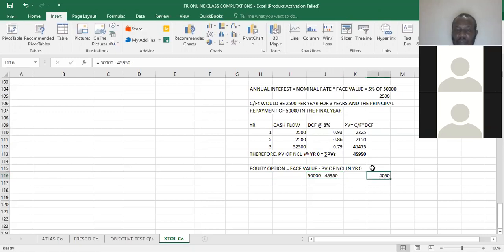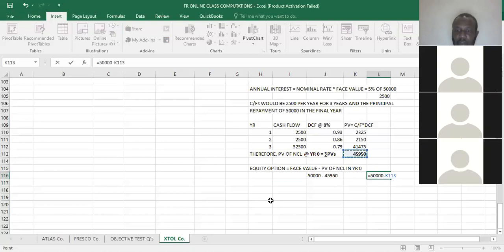I don't have 50,000 anywhere, so 50,000. But at least let me trace that figure so that someone will know where we got it from. So minus that figure. So it still gives the same thing, obviously. Okay, so I have my equity option.